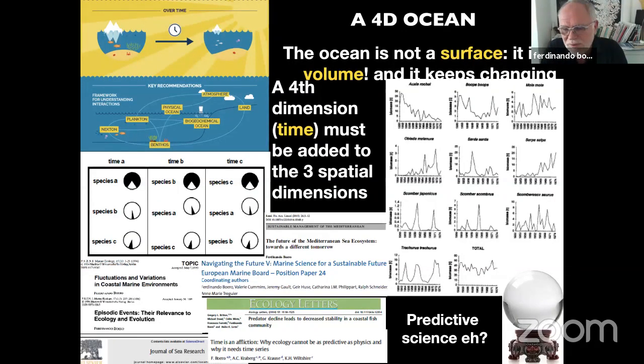These are some of the things that inspired me for the fourth dimension. Look at the graphs on the right. This is the fisheries in a tuna trap. I made my thesis on this. If you look at the total on the bottom right, you see that there is a jagged line, but the total of the catches is more or less constant.